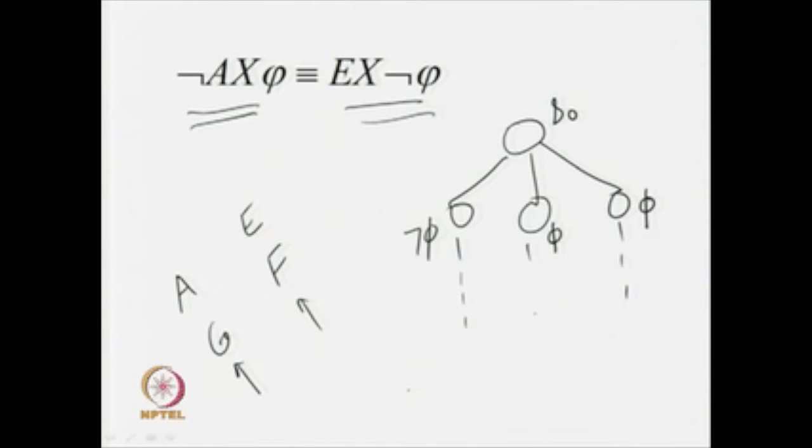By looking into these formulas, we find that one is the dual operator. So, A and G can be represented by E and F, but the next state operator is the dual of itself, because next state is replaced by the next state operator only, but A becomes E when we take the negation of this particular formula. So, these are the equivalent formulas that we get in CTL.